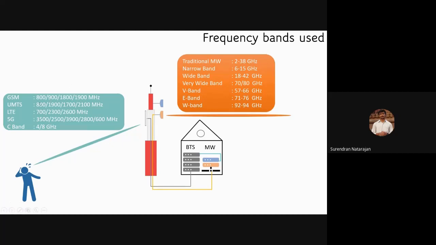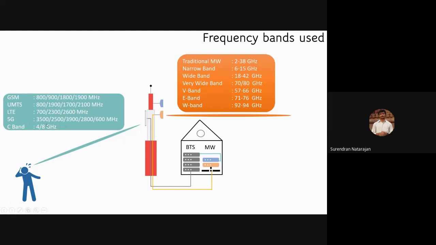So these are the frequencies we use between the mobile phone and the cellular tower. If you are going to buy a mobile phone, you can see the bands. What it means is that the mobile phone can work on these bands. Some of the bands may not be available in some legacy phones.